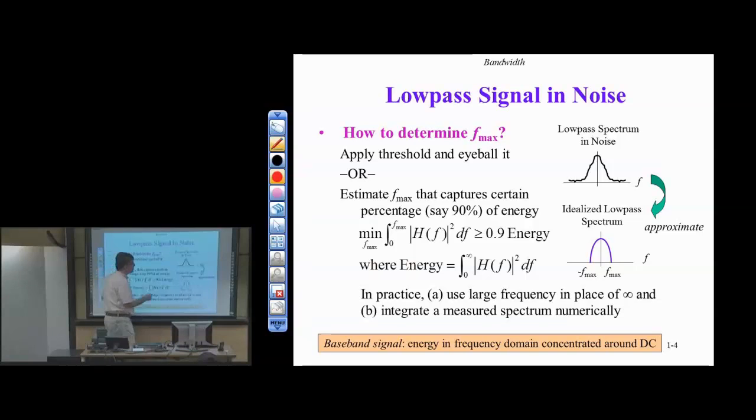We might have something that has significant frequency content at low frequencies. And then what you see out here, what do you think these tails are? Noise. This is where your thermal noise is. So eventually, if we have a low-pass spectrum, we're going to get to high enough frequency where the noise is stronger than the signal. The noise swamps the signal.